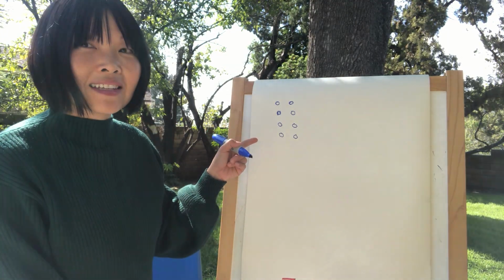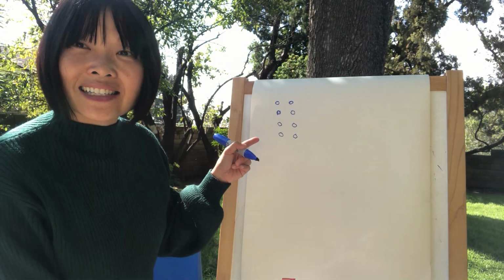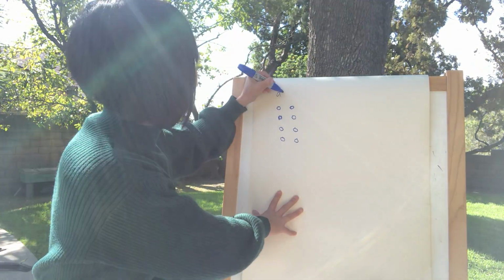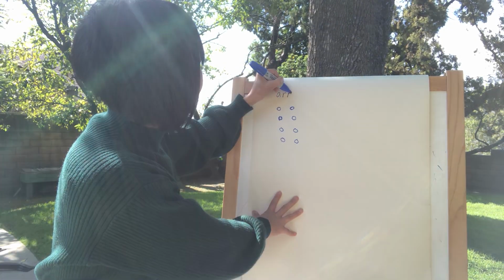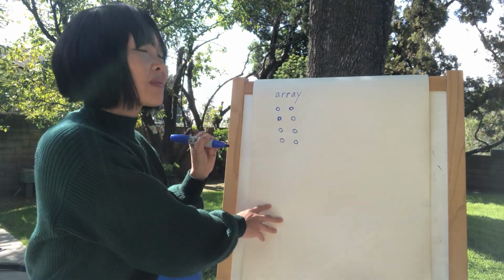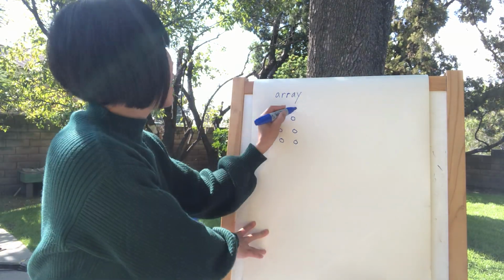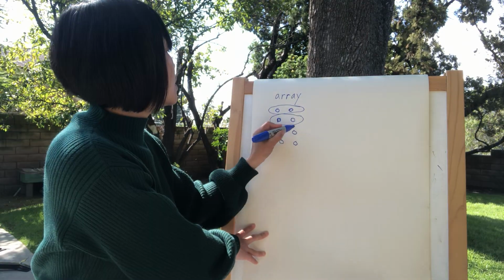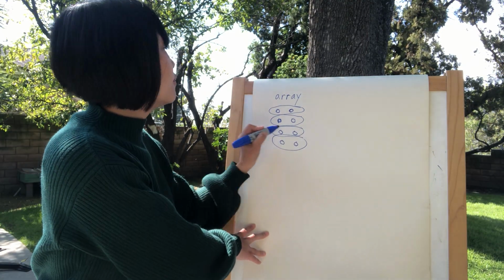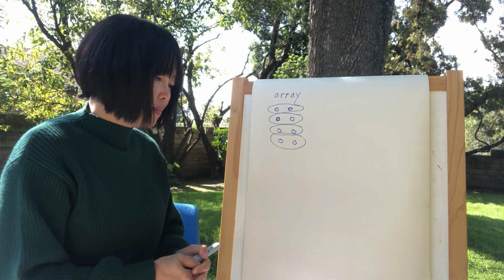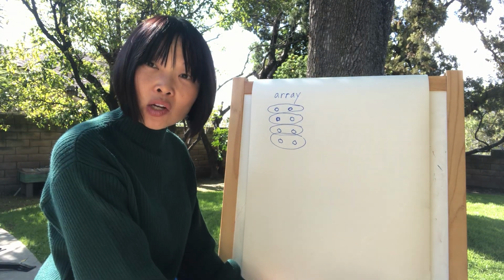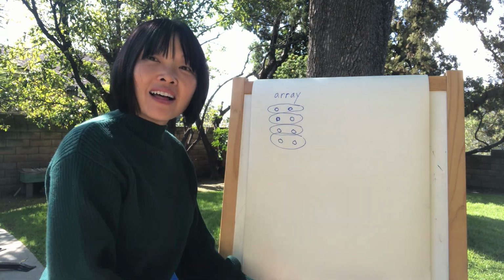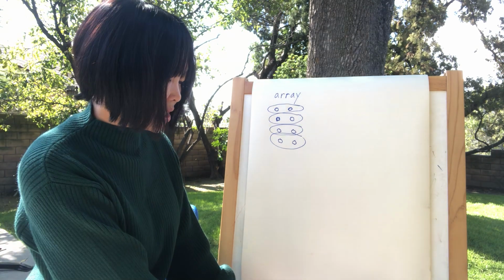The way I'm drawing this, by the way, is also known as an array. There's one group of 2, 2 groups of 2, 3 groups of 2, and 4 groups of 2. These are equal groups. There are 2 in each group. They are the same amount.